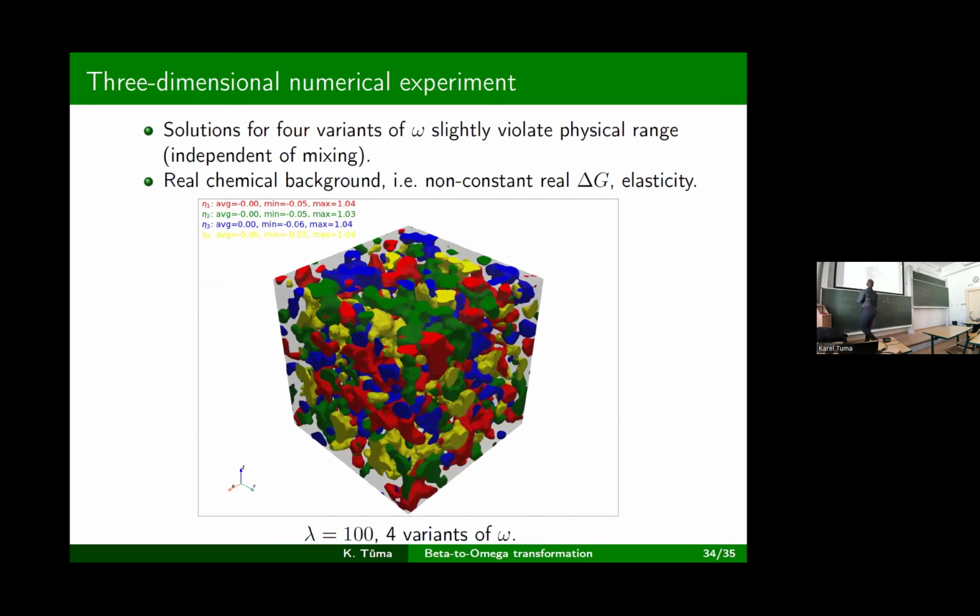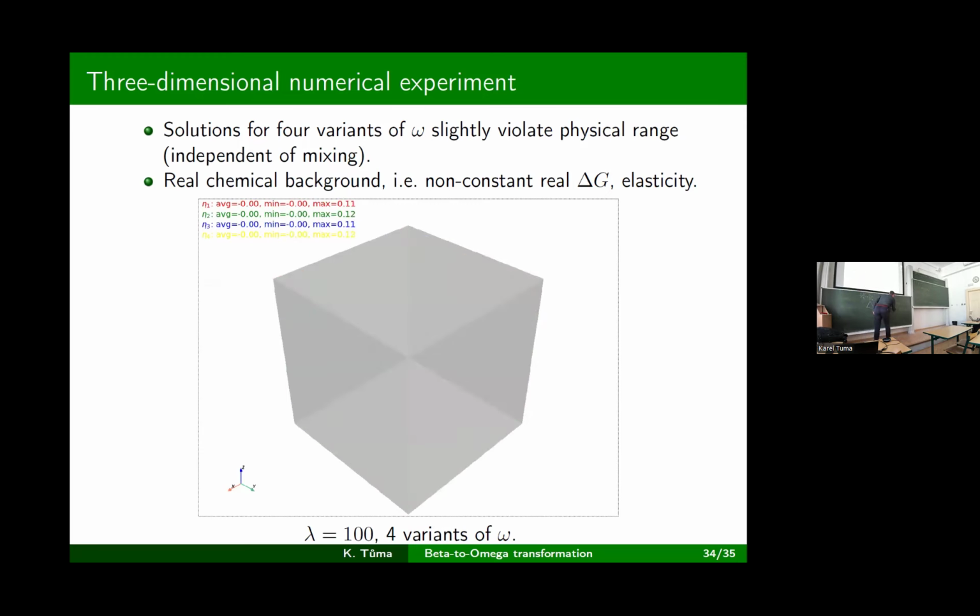So if we use this real non-constant delta G, and we also add the elastic energy to the free energy, here we just assume linear elasticity, also some new part.